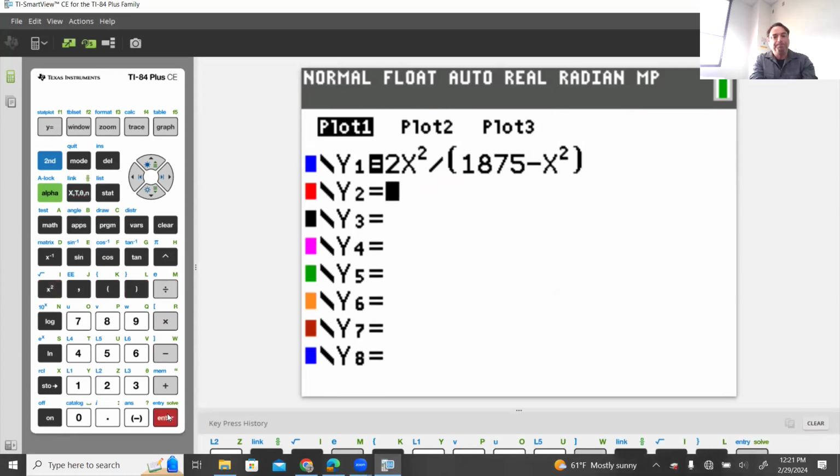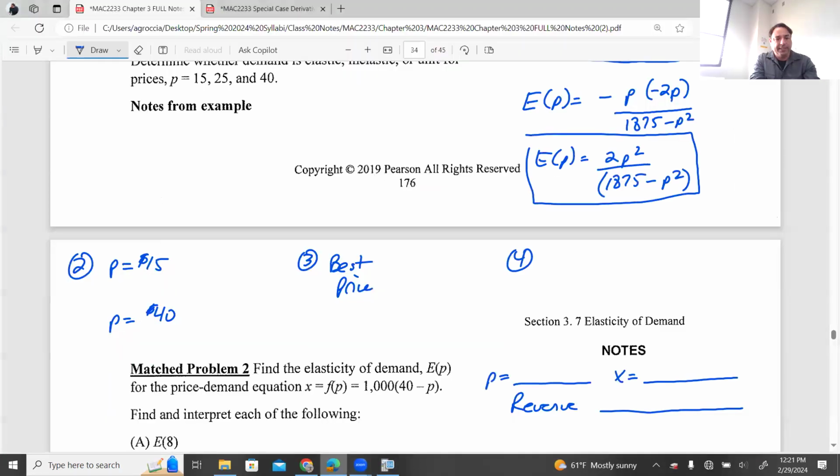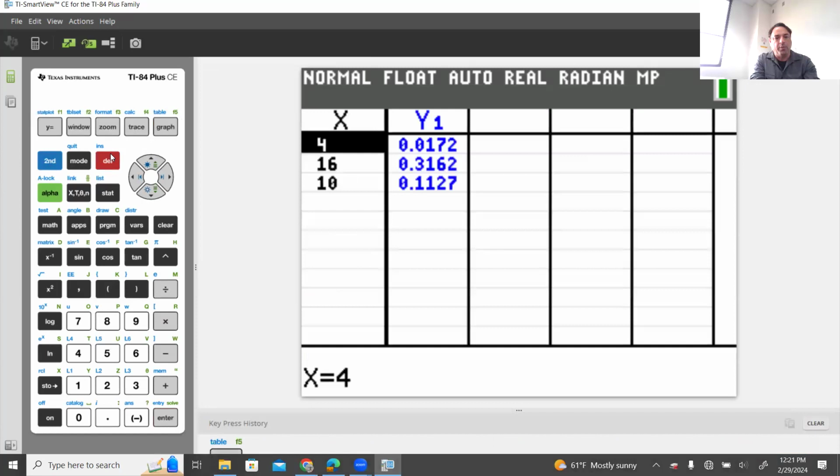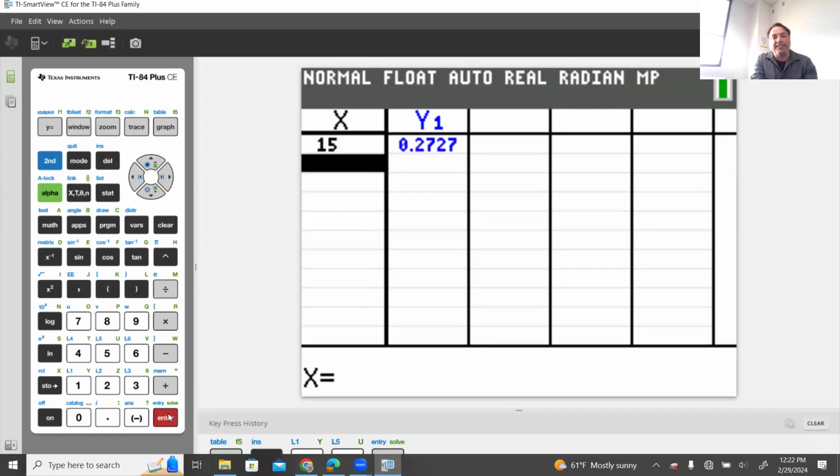Okay. Then let's go to the table. And our first is 15. So we go to the table, second graph, delete what we have. So your initial thought is to charge $15 for each board game. And if you do that, you get 0.2727.